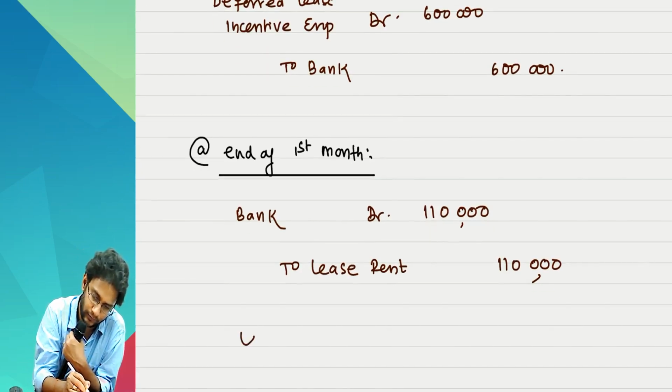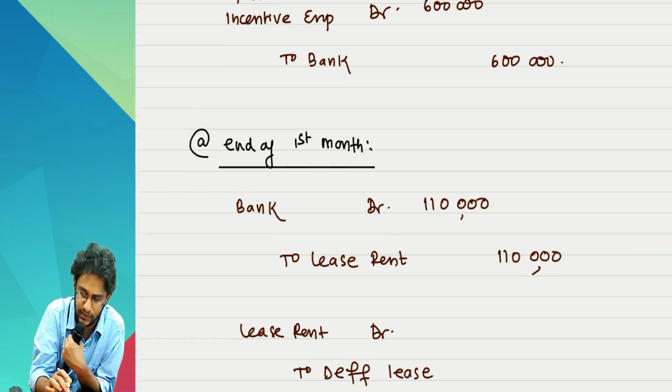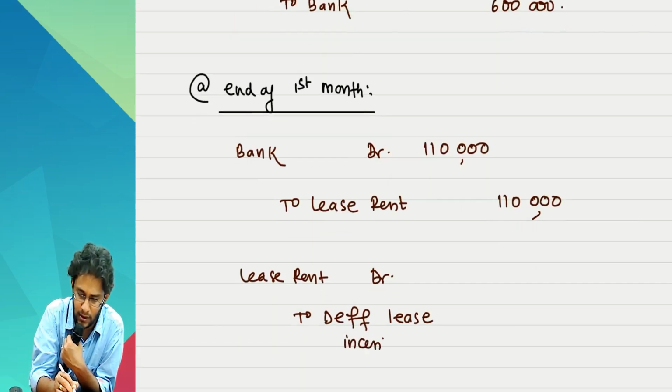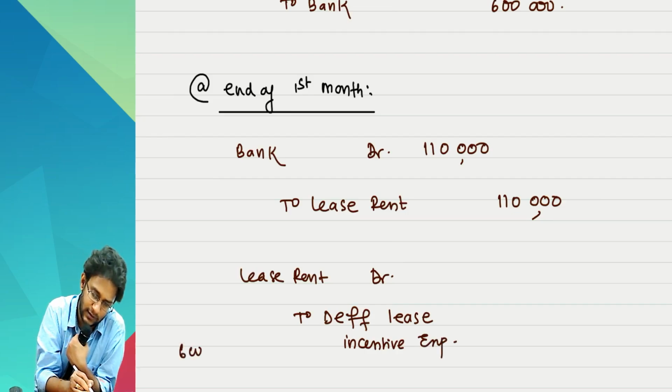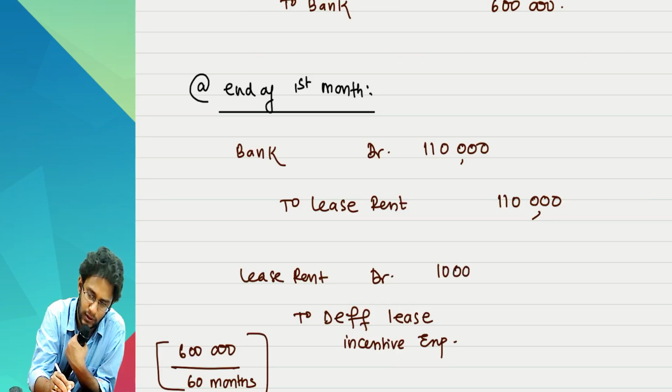So rent account debit to deferred lease incentive expense. So that is 6 lakhs upon 60 months, so each month 10,000.